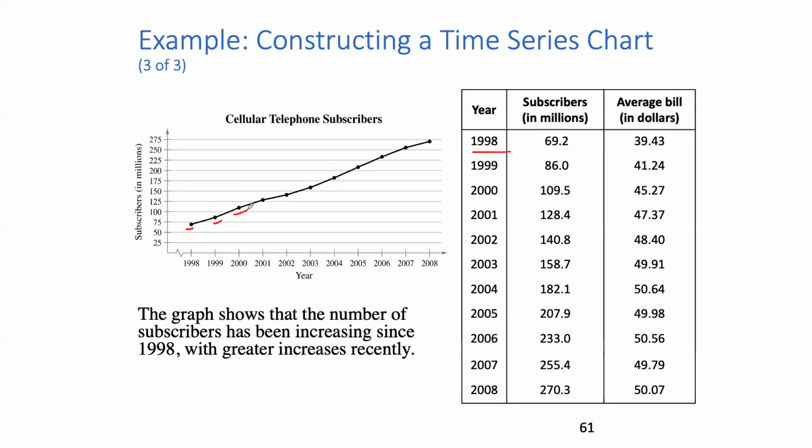In 2000, 109.5, and it tells me the trend over time in cell phone subscribers, and I can see that it's increasing. It keeps increasing over time, right? So we're looking at the same variable as time is passing by, as time changes, and then we have what we call a time series chart.